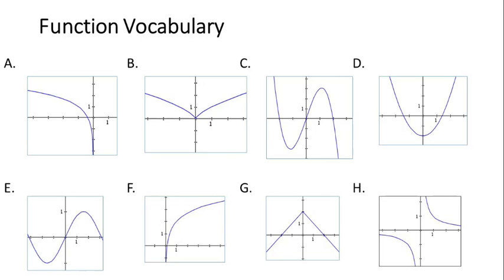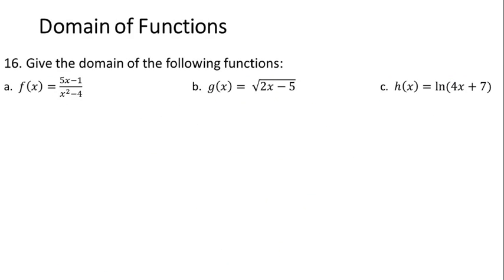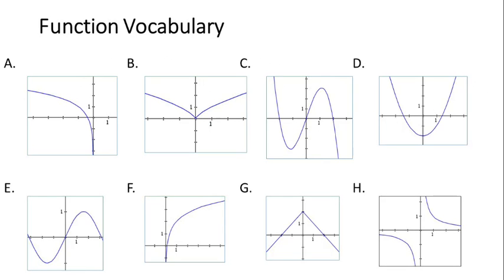On graph A, I don't see any minimums at all. On graph B, we do have a relative minimum here, and that would also be the absolute minimum, the lowest point on that graph, because it's going to infinity on both sides.